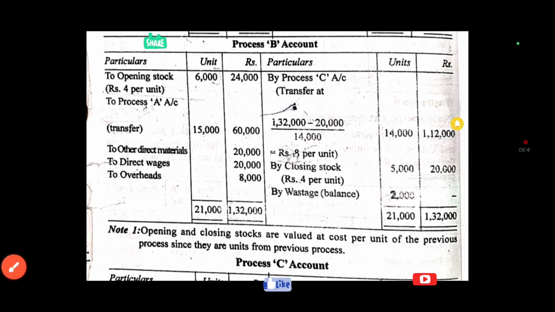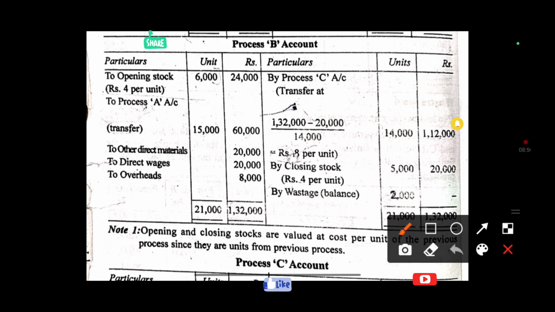Listen. What is the total cost? Now we need to find the balancing figure. The total cost is 1,32,000 rupees. The closing stock value is to be subtracted from it. What is the difference? After subtracting 20,000 from the 1,32,000 total, you will get 1,12,000 rupees.